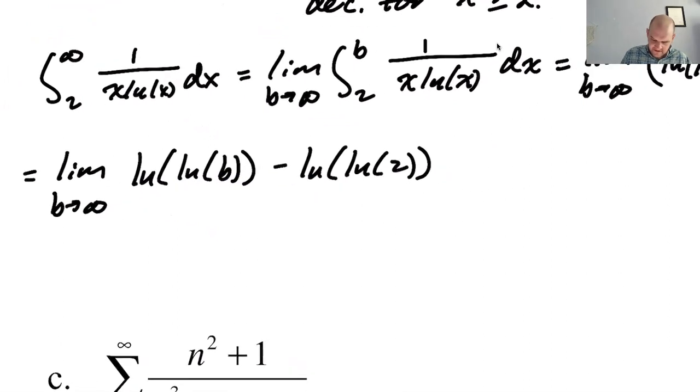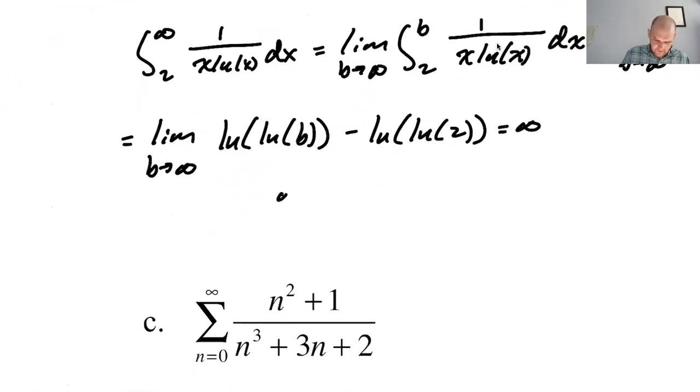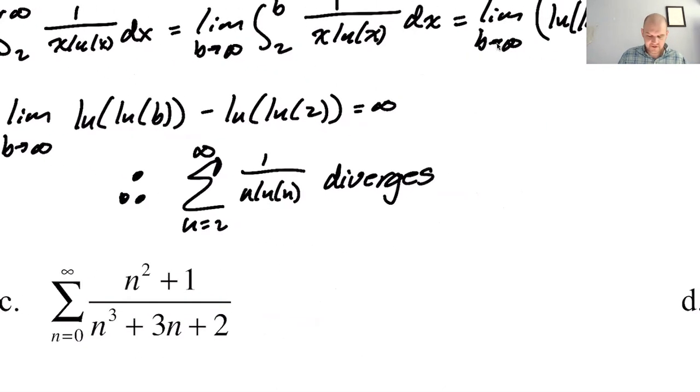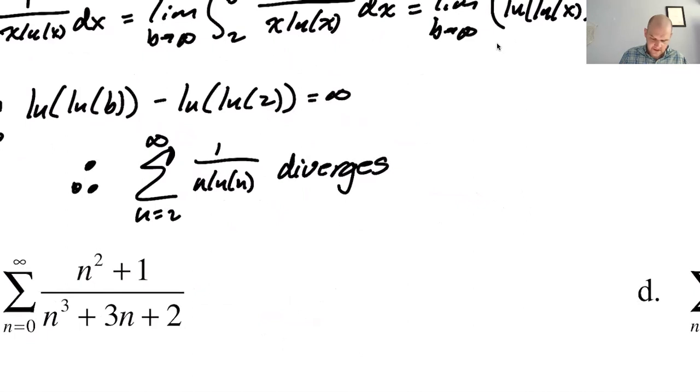So I'm going to say this is infinity, and therefore the series from 2 to infinity of 1 over n natural log of n diverges. So if you don't get a finite value for your improper integral, then the series diverges because the integral diverges. And by integral test.